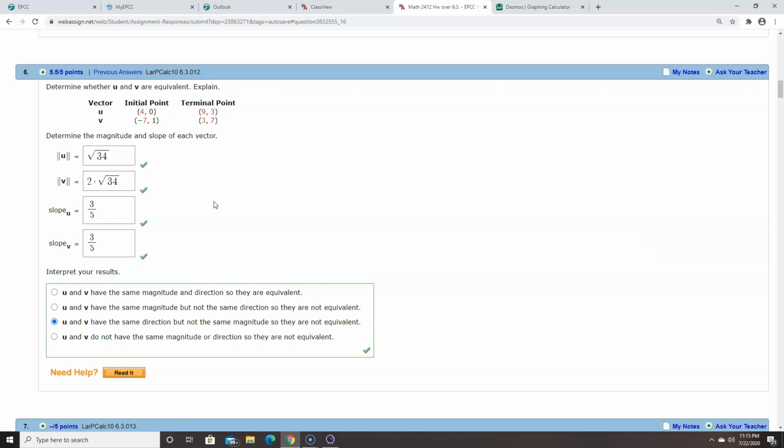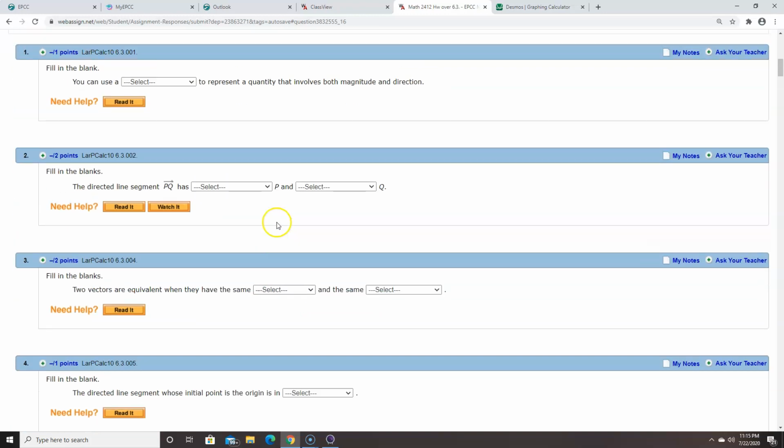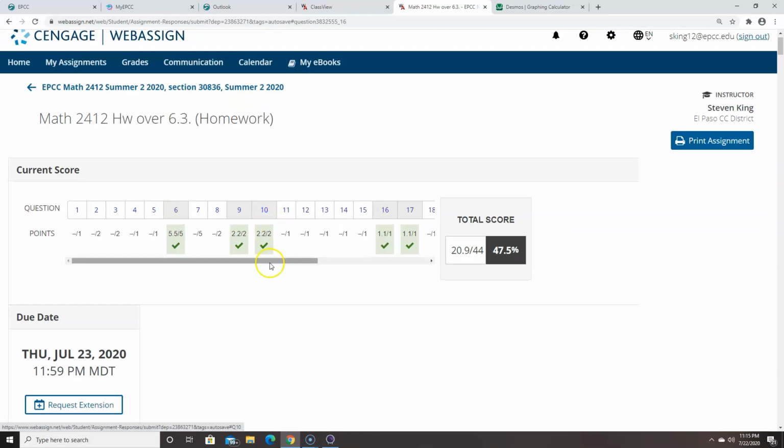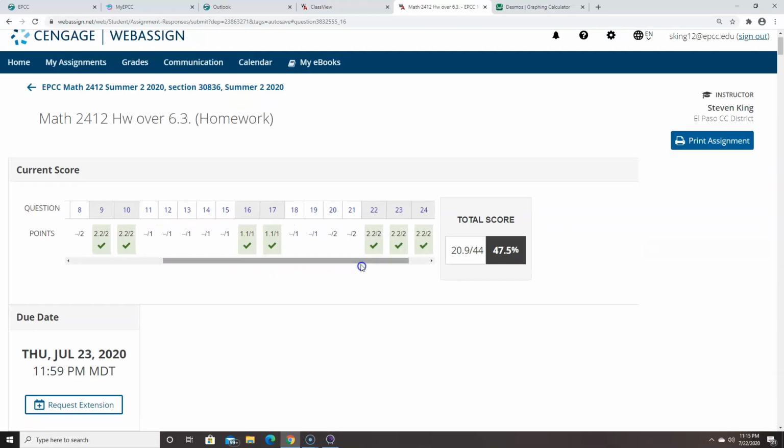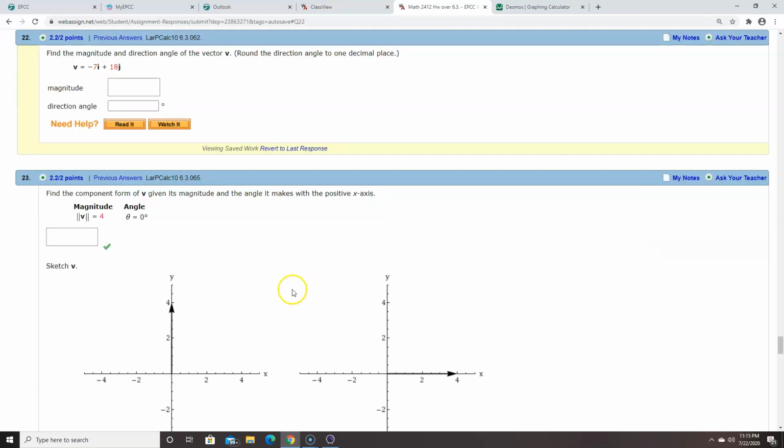But the other way is to describe the direction of the vector in terms of its angle from standard position to the vector. And that's what we're going to do right now. And that's 22.